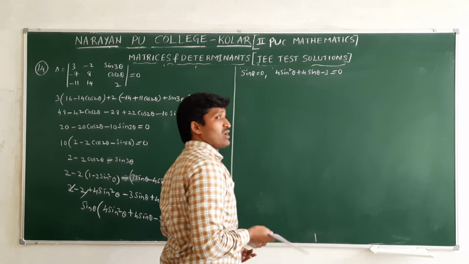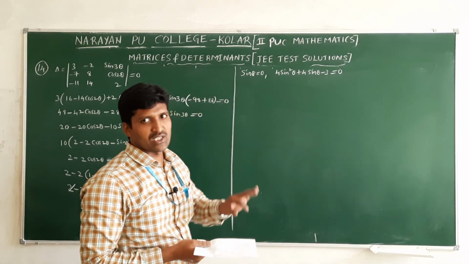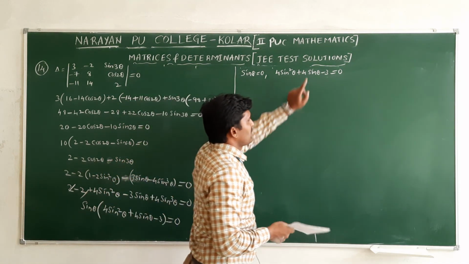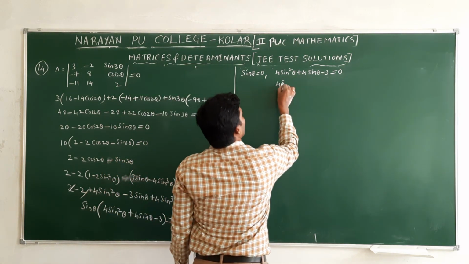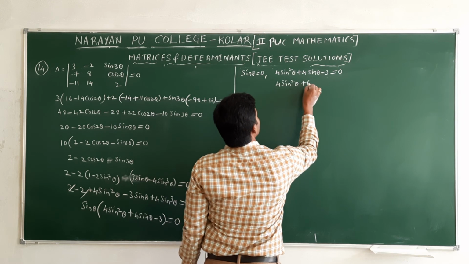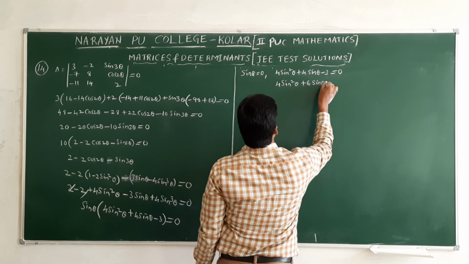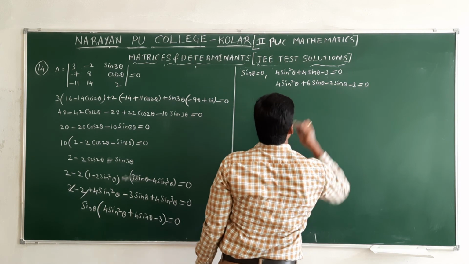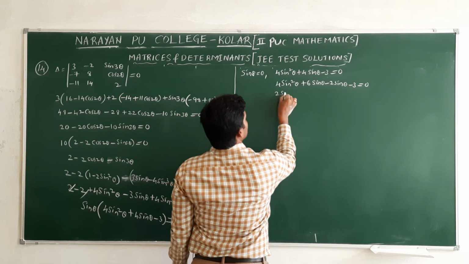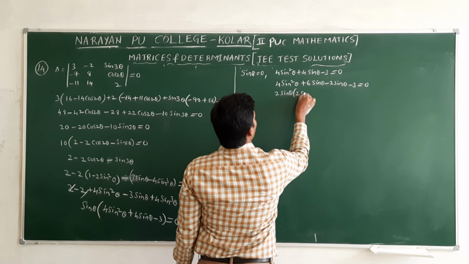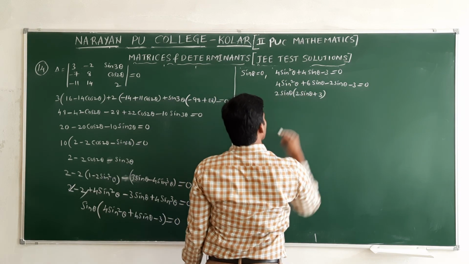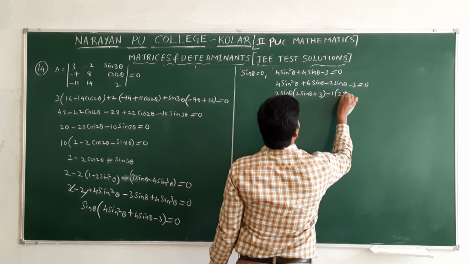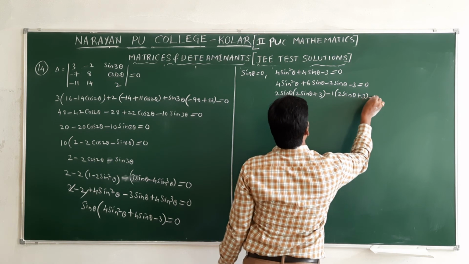Minus 3 into 4 is minus 12. What are the factors of minus 12? 6 and 2: 6 into minus 2 gives minus 12, and the sum you get is plus 4. That's why for 4 sin square theta, 4 sin theta, I am writing 6 sin theta minus 2 sin theta minus 3 equal to 0. First two terms, I will take 2 sin theta common, remaining 2 sin theta plus 3; minus 1 common, 2 sin theta plus 3.